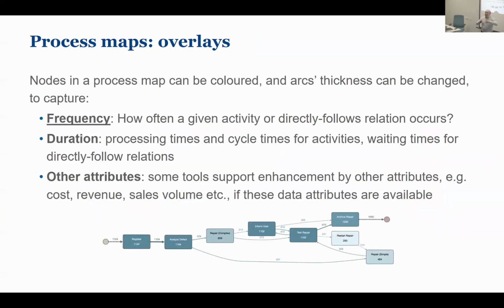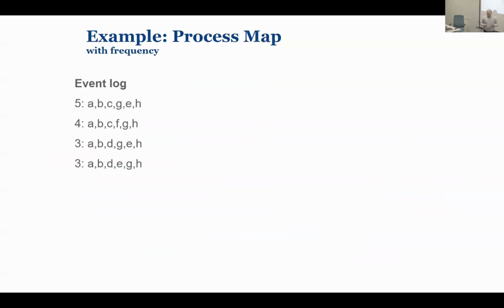But you can change the overlay. In any process mining tool, you can say, instead of displaying the frequency on top of every box in the process map, I want to display the durations, the processing times, or the waiting times, or other attributes like, for example, the cost, etc. Before I show you how that works in the tool, I find it very important to make you understand exactly what a process map stands for, what it means.